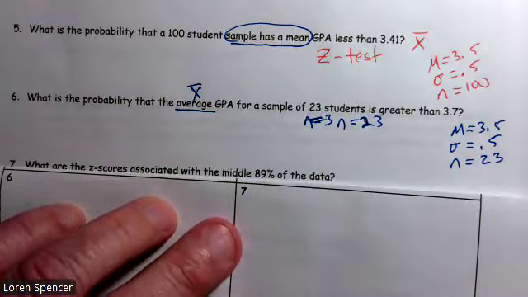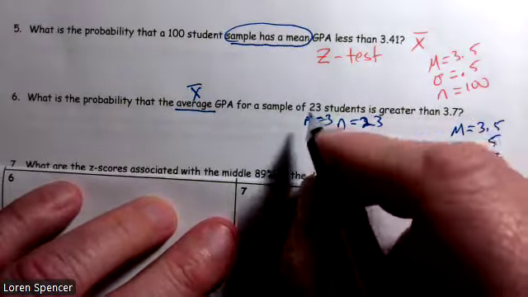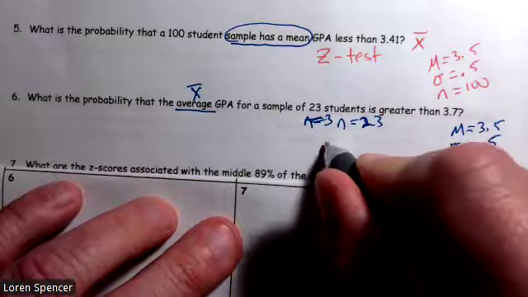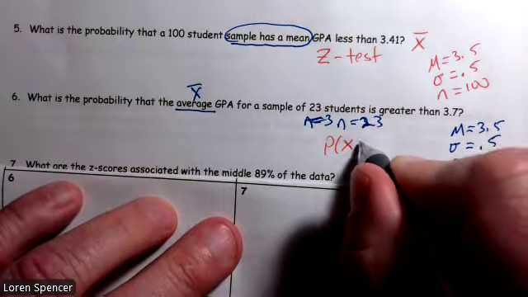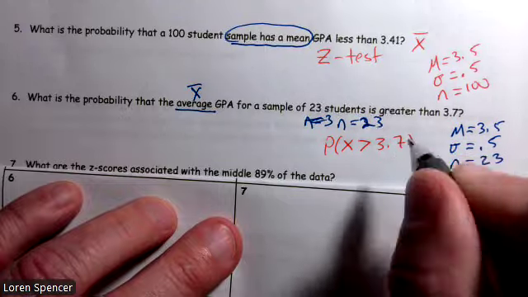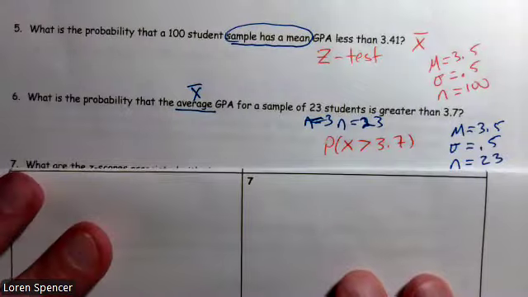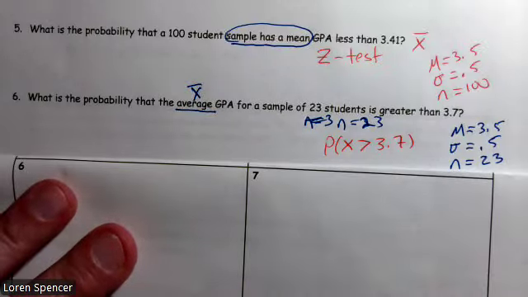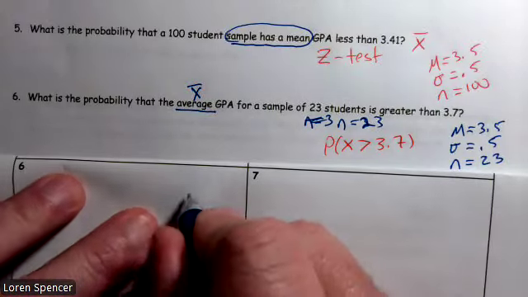And I could have done all that in red. And then the probability is that our X bar is greater than 3.7. So let's not forget that as we go about our problem. So we know we have a mean of 3.5, so we need to draw that picture.